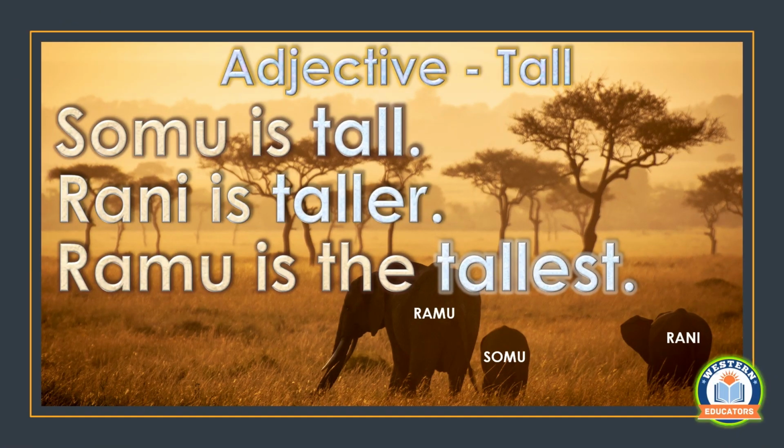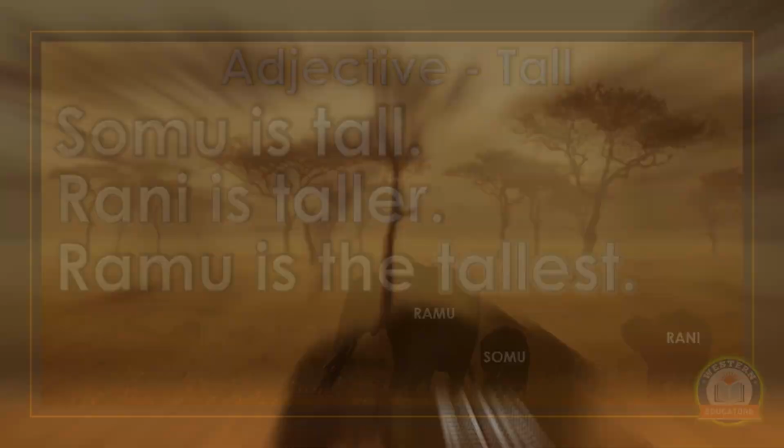To tell the quality of these 3, we use Somu is tall, Rani is taller, Ramu is the tallest. And to tell the quality of 3 of them, we use positive degree, comparative degree and superlative degree.